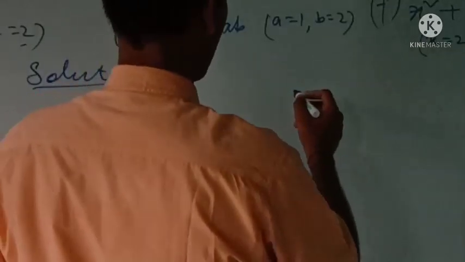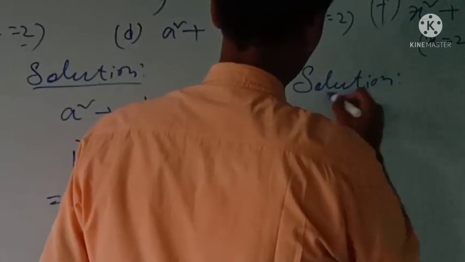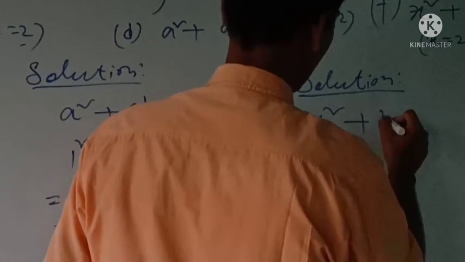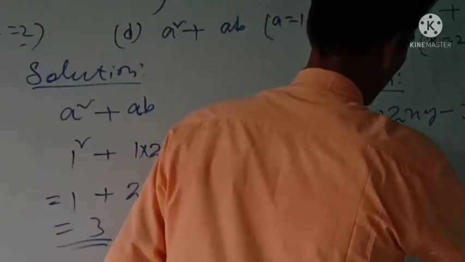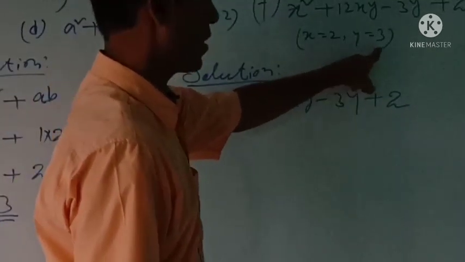Now let us solve question number F. We got x square plus 12xy minus thrice y plus 2. The value of x is given as 2 and the value of y is given as 3.